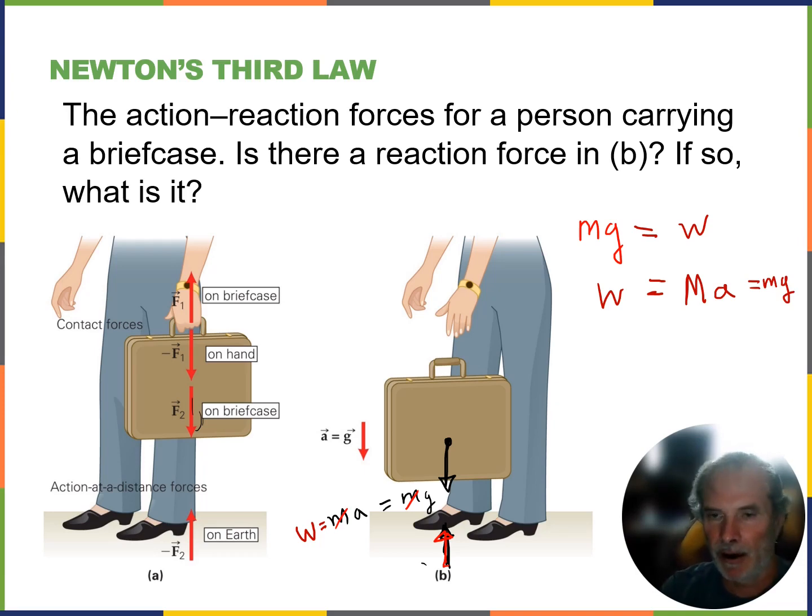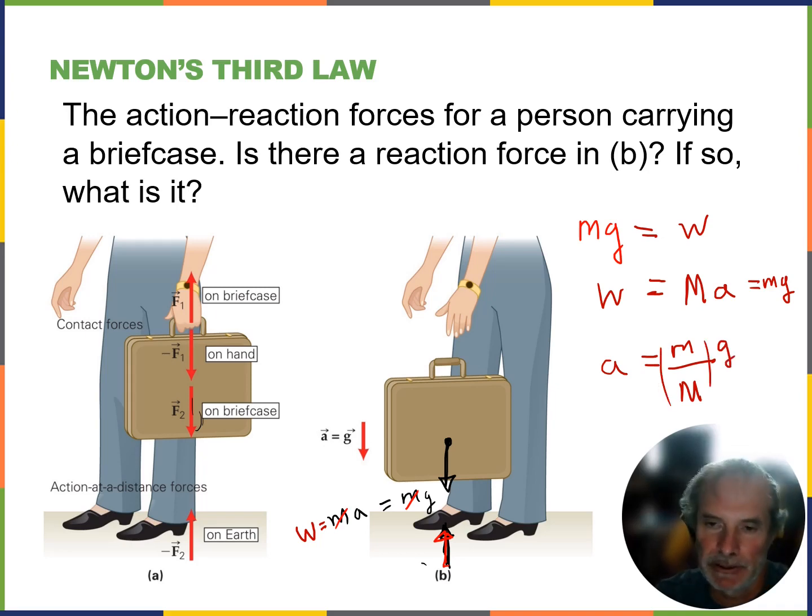So let's look now at what the acceleration of the Earth will be. The acceleration of the Earth, if we solve for it, will be the mass of the briefcase divided by the mass of the Earth, times the acceleration due to gravity, 9.8. Now let's consider the ratio of the mass of the briefcase divided by the mass of the Earth. I don't know what this briefcase weighs. Let's say it weighs a kilogram, or even 10 kilograms.